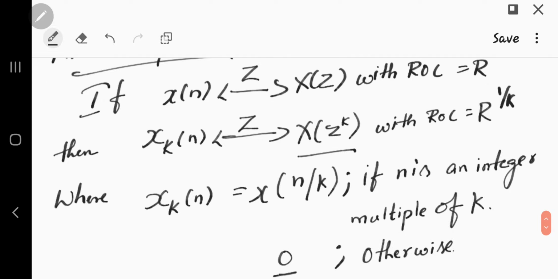Time expansion means the signal size will be enlarged, that means expanded. The signal will be expanded, so some part of the signal will be lost. So those samples which are the multiple of k, that value will be present, and which are not, that signal sample is lost. So that's the meaning of it.